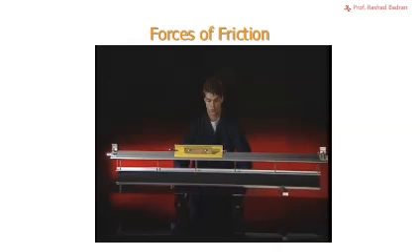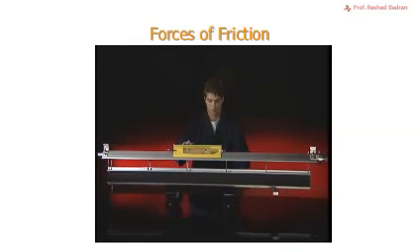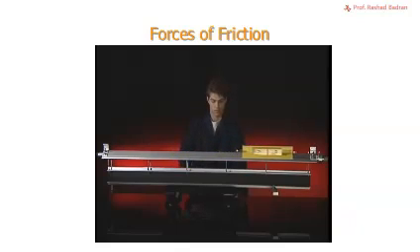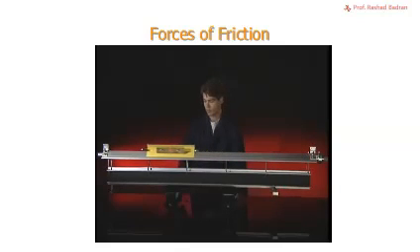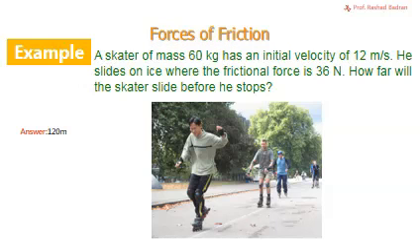The glider is now motionless. If we give the stationary glider a single push, it moves at a constant speed after the force is gone. This is a typical example that shows the effect of frictional force on a moving object.